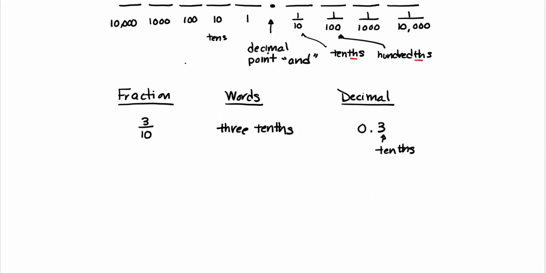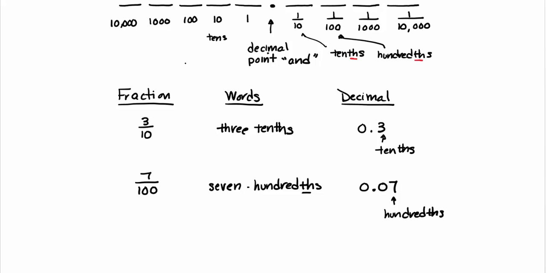Okay? We have something like 7/100. Right, so this is 7/100. And again, because the denominator in the fraction is hundredths, our decimal notation would bring it all the way out to the hundredths place.